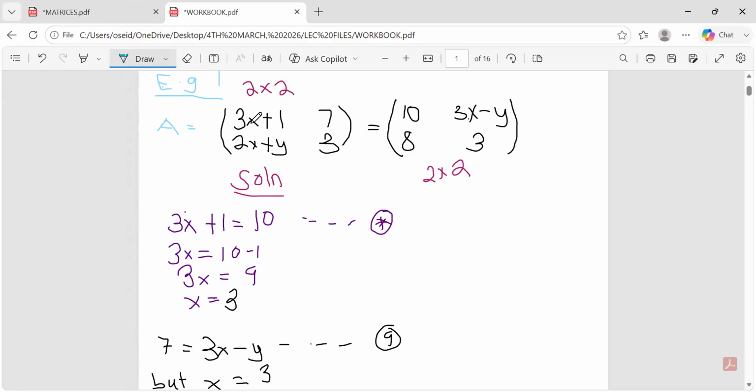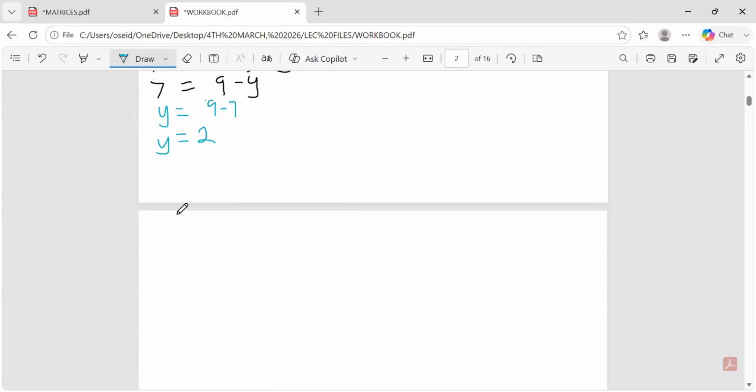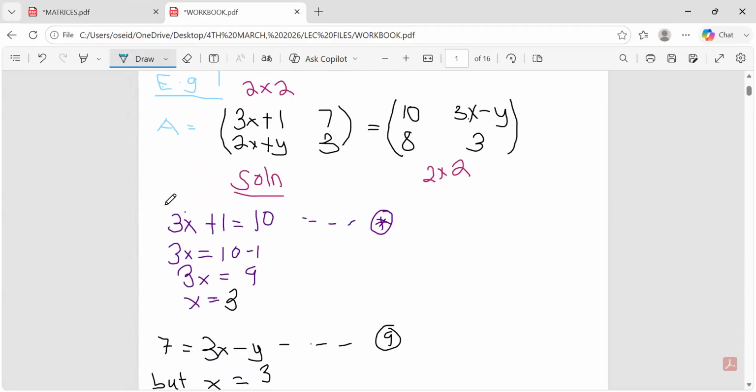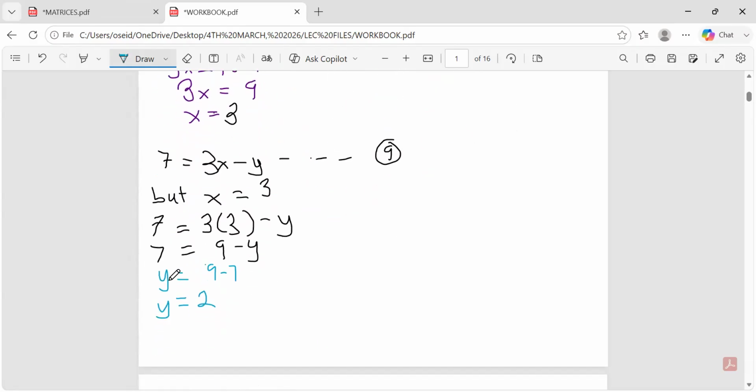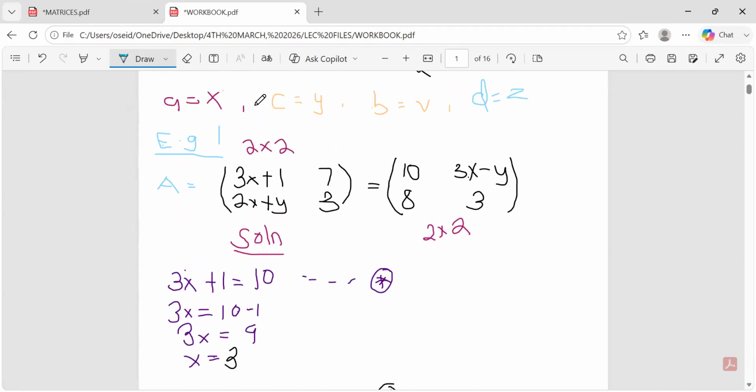So now we know the value for x, which is 3, and the value for y, which is 2. We can go on and say that 2x plus y corresponds to 8.